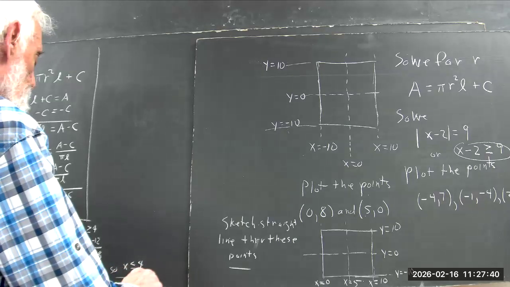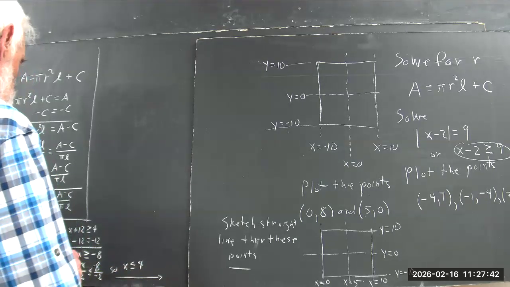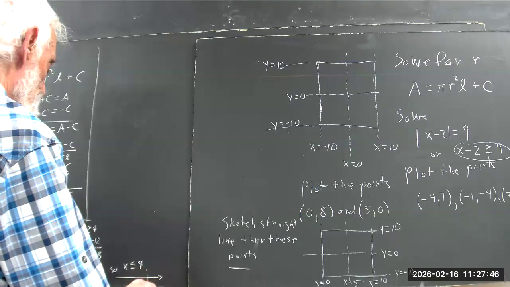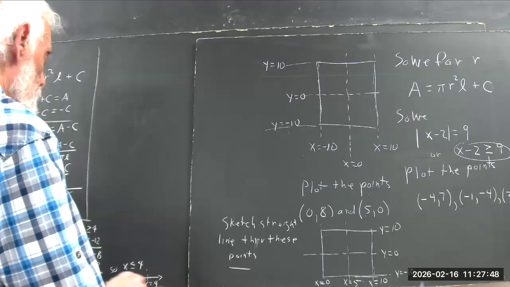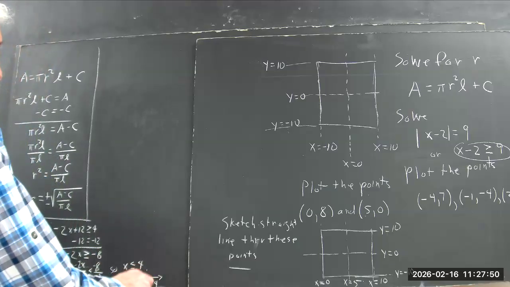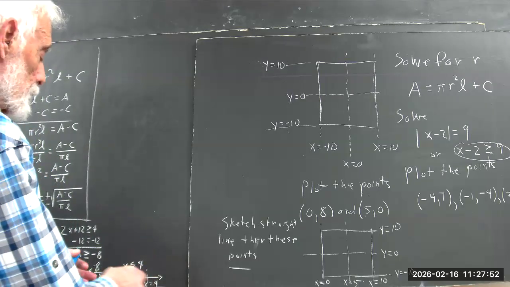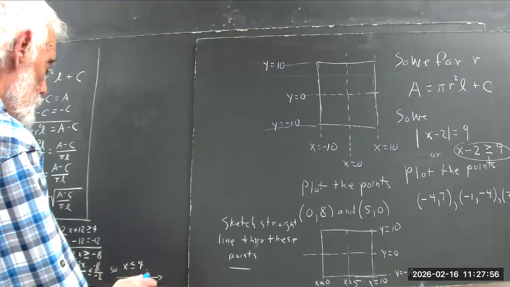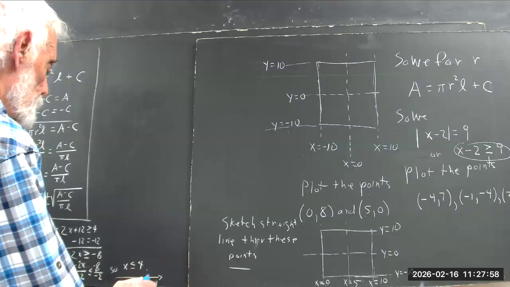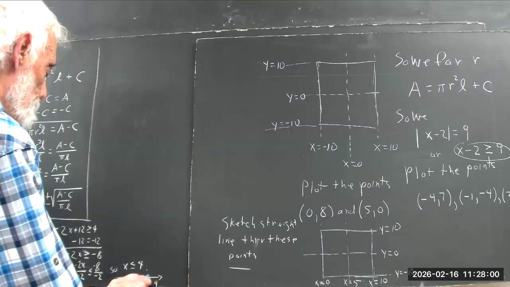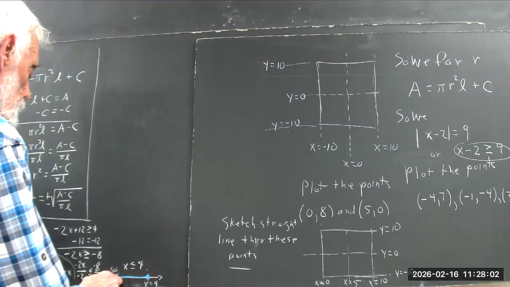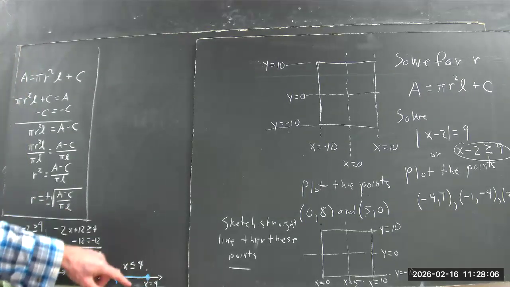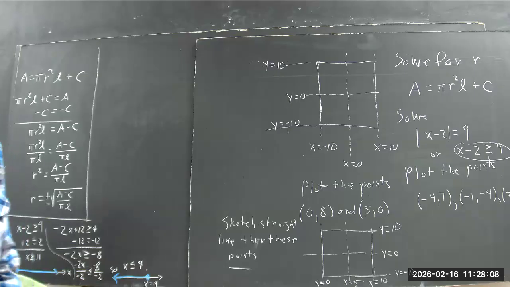And we can sketch that inequality. Draw on a number line. I've got a little vertical dotted line through the horizontal number line to indicate x equals 4. And put a circle around x equals 4. Fill it in. Draw an arrow to the left. So I've represented x less than or equal to 4 on my picture.